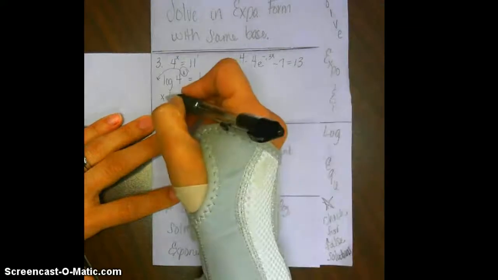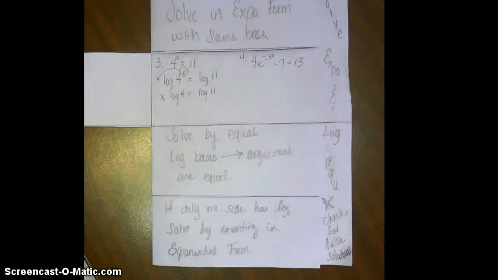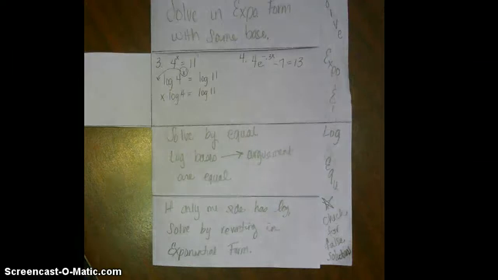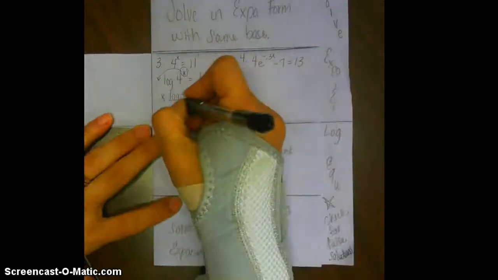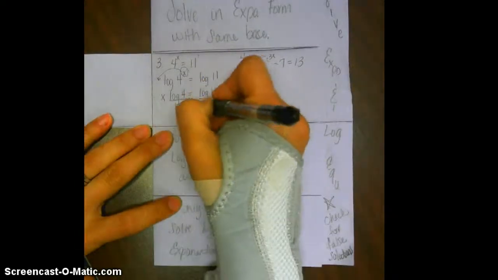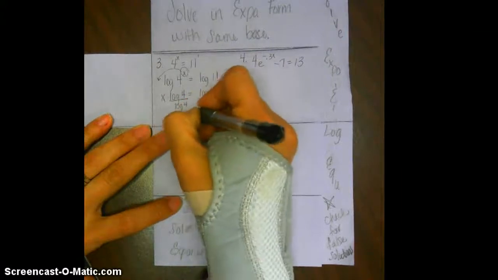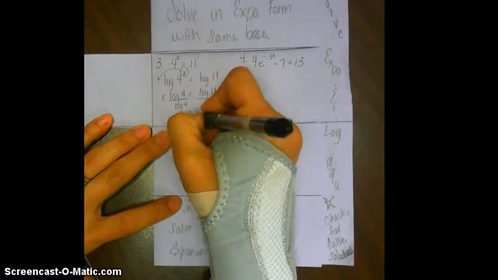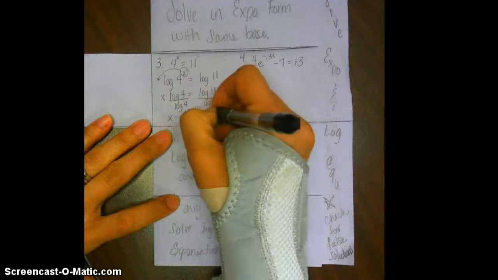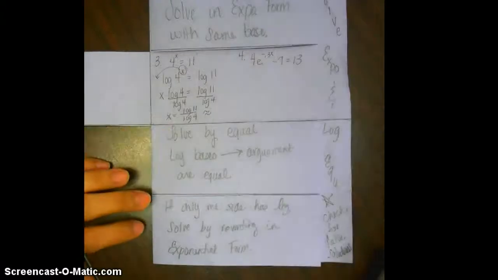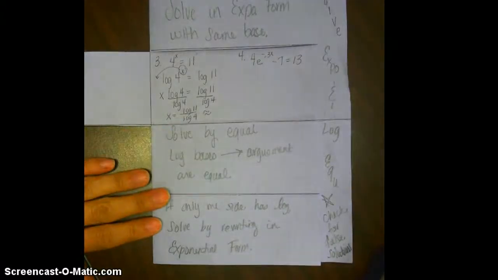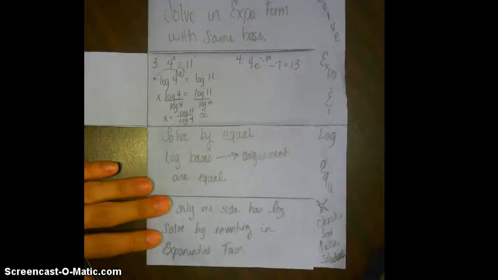And now to isolate and solve for x, you divide by log 4. So x equals log of 11 over log of 4. That's an exact answer, and then you guys can practice doing that in the calculator and give me a rounded answer. Okay, number 4 is similar.